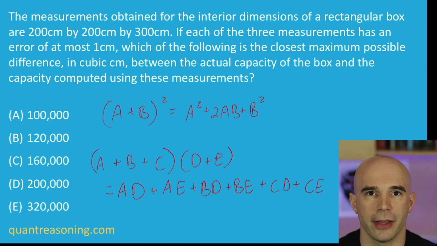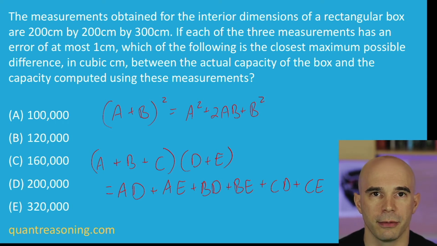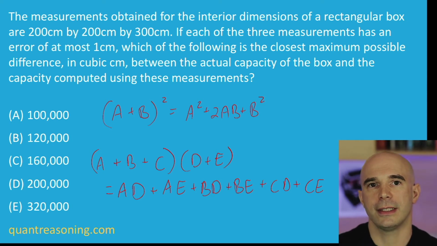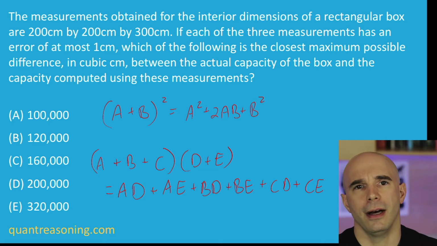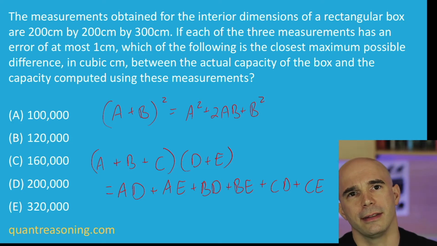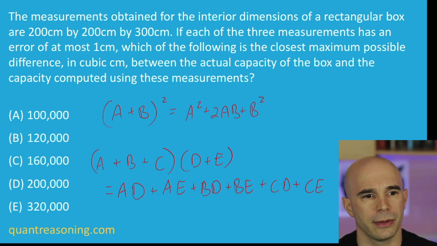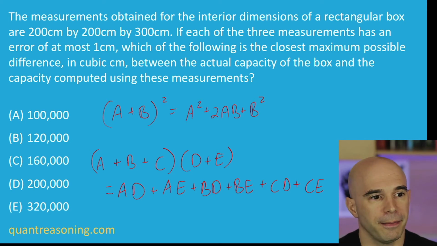It was 160,701, although the 701 we kind of dropped there because we didn't need it, but if we needed it, we could have done it just as easily in well under a minute. And it's all thanks to this algebra.